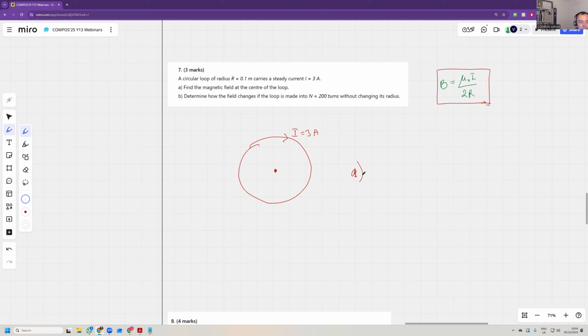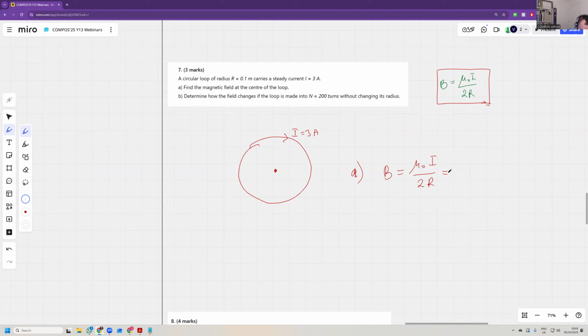So A, the magnetic field at the center of the loop is mu 0 I divided by 2R. Okay, let's do the calculation. Mu 0 is a constant, the magnetic permeability of free space.